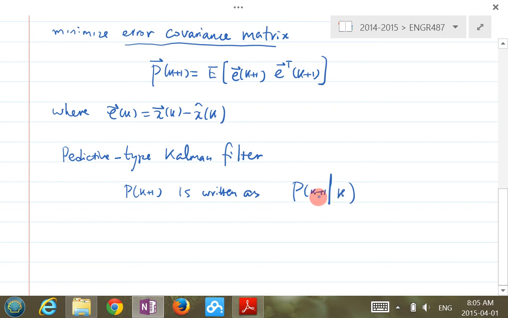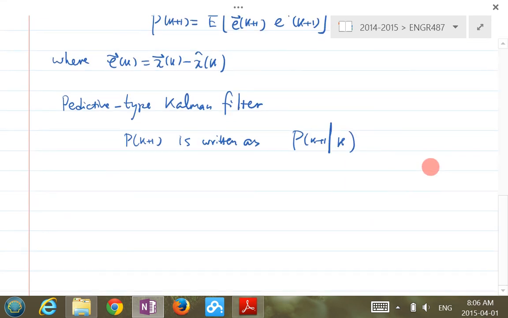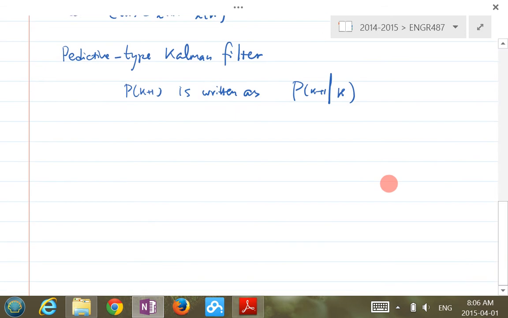It's a similar idea to the predictor: you're predicting the k plus 1 moment value with the previous knowledge obtained from the k moment. It's like the conditional probability type of writing. So first we deal with a predictive type of Kalman filter, and then we'll deal with a current type of Kalman filter, which is the kind that we will implement.